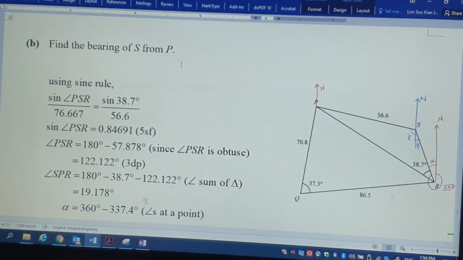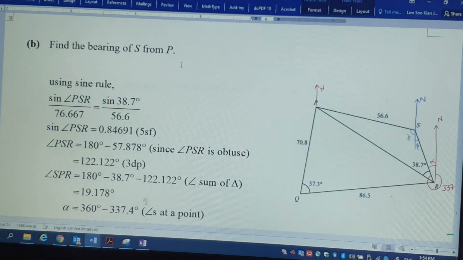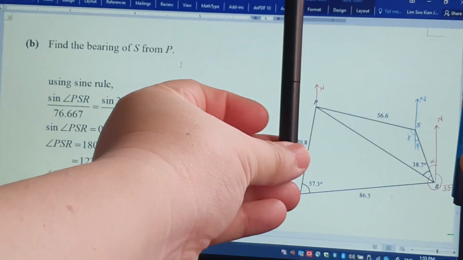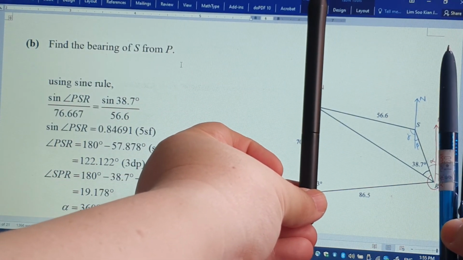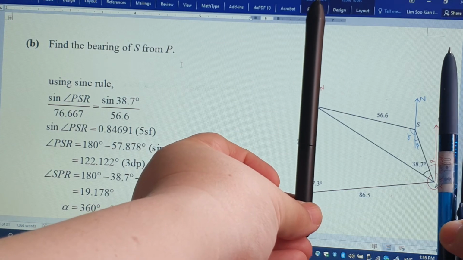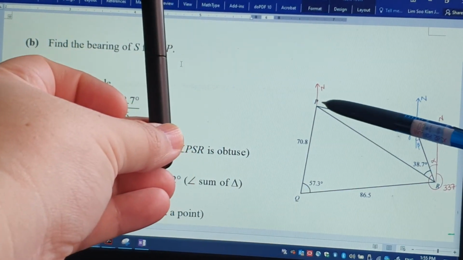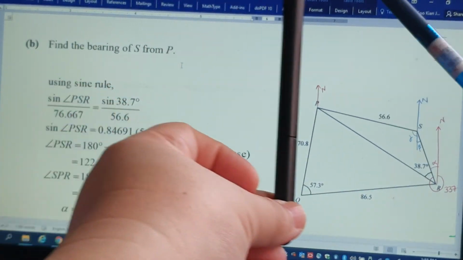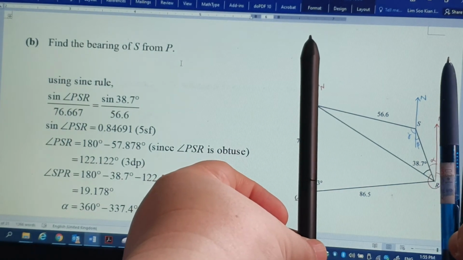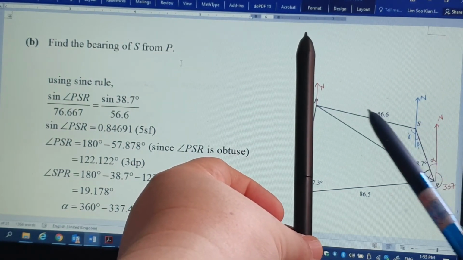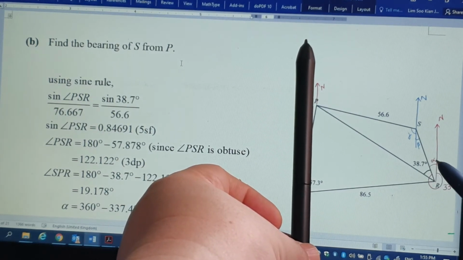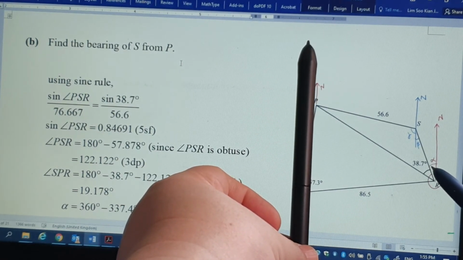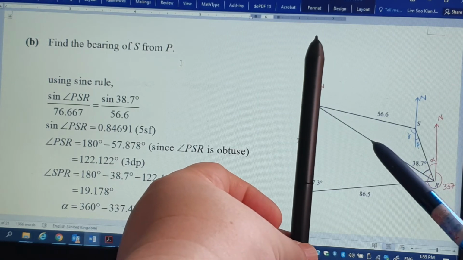Because we are using these two parallel lines, and then we are using the interior angles of these two parallel lines. Don't you agree that this angle here, which is what we want, is 180 minus this SPR here, minus this alpha? So that's the whole idea.